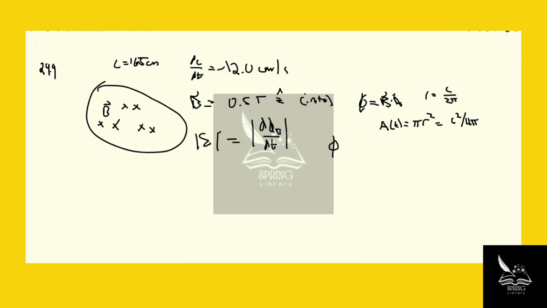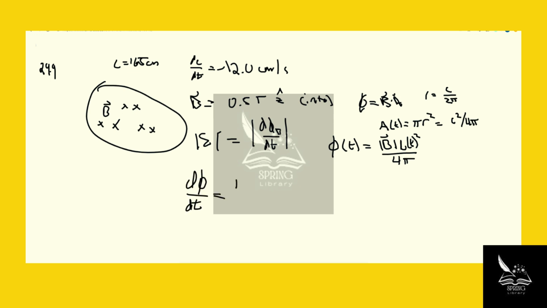So the flux as a function of time is now given as the magnitude of B times C of t squared all over 4 pi. Awesome. Now, since we know this, we can take the derivative, dPhi/dt.